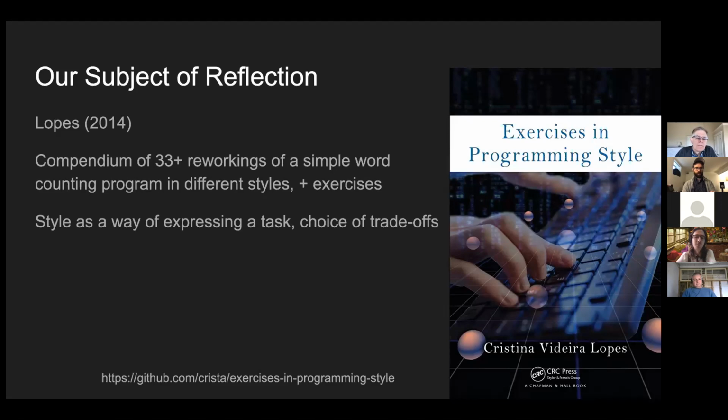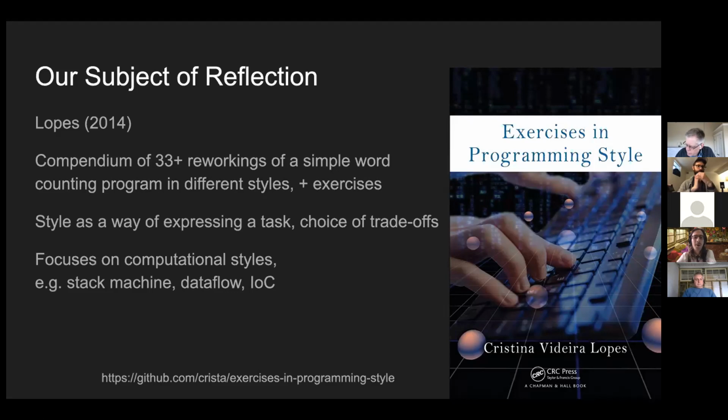So in Lopez's book, style is considered as a way of expressing a computational task. It is a choice you make that introduces certain trade-offs. And as opposed to Kernighan and Plauger, Lopez is focusing on styles as being about how computation is organized. So, for example, there's a sample that solves the problem as it would be implemented on a stack machine.